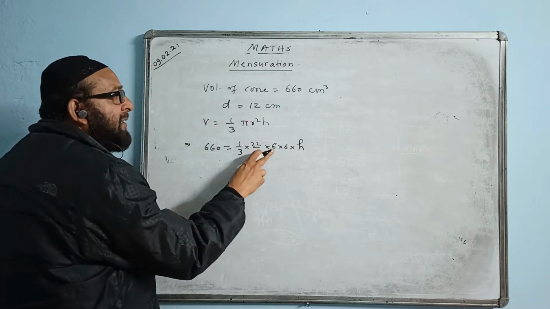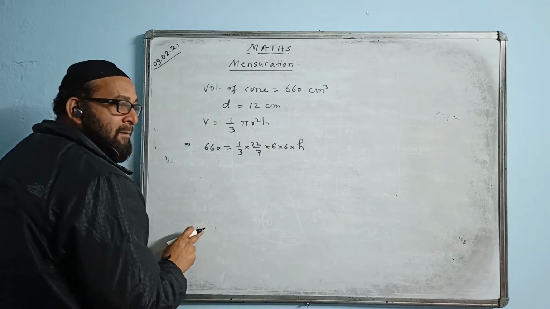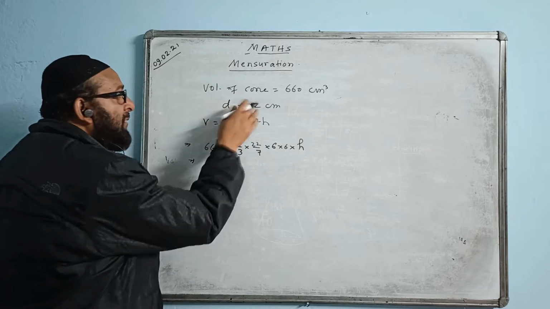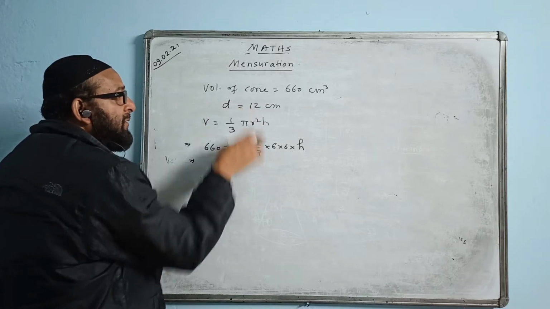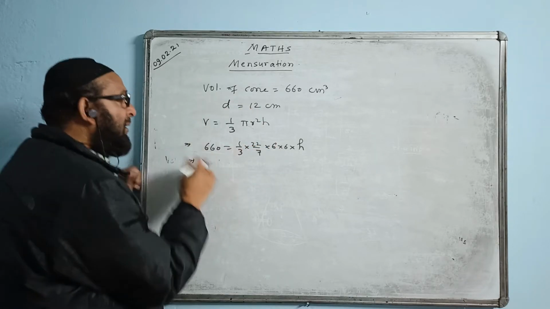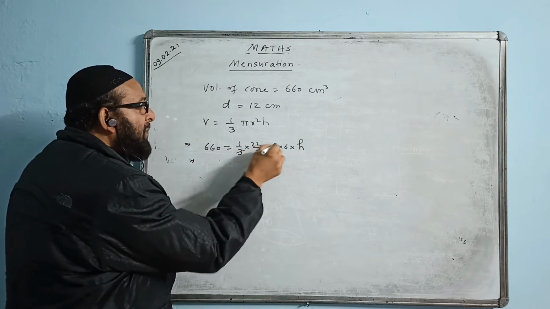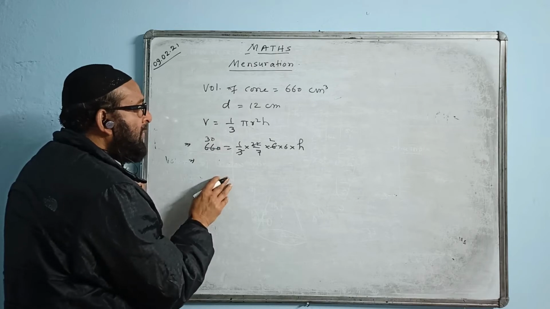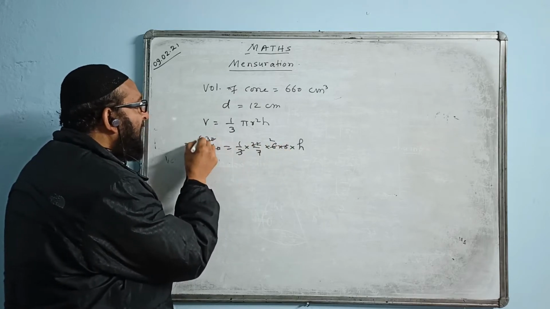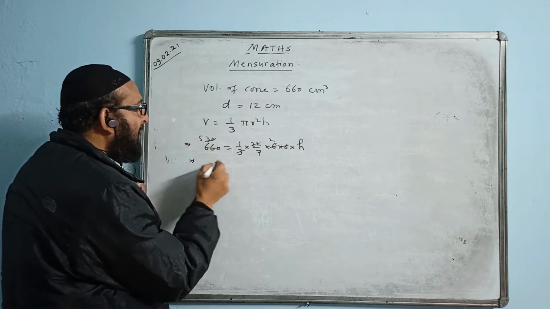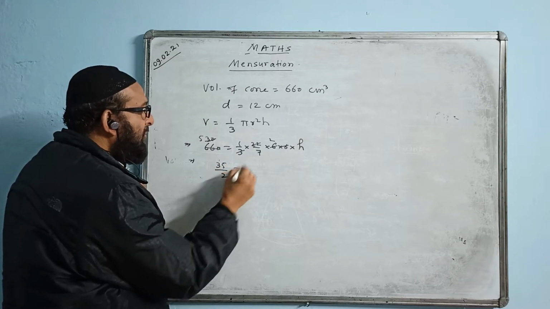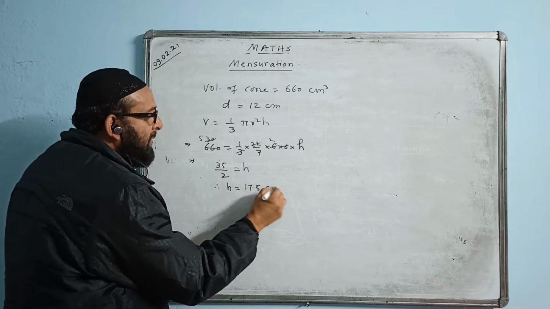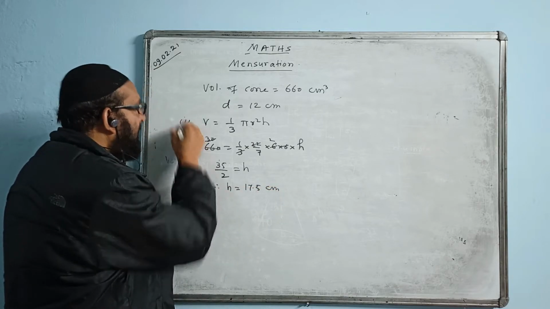Diameter is 12, so radius I have taken 6. Now cancel and get the answer. 3 2s will go 22, this will go 30 times 6, and this will go 5. 7 5s are 35 by 2 is the value of h. Therefore, h value will become 17.5 centimeters. This is the first answer.